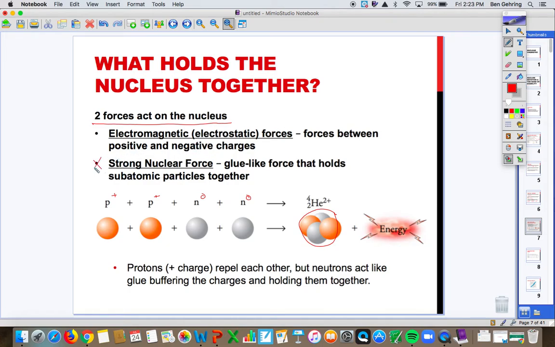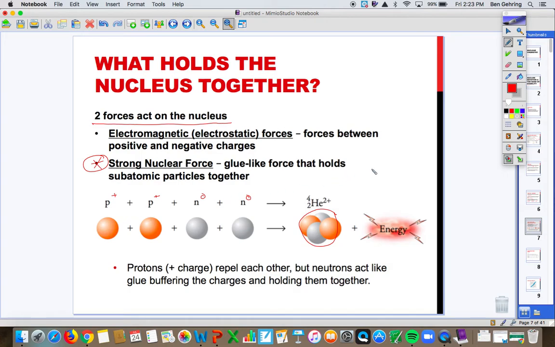This is the force exerted by neutrons that holds this whole shebang together. There's a whole bunch of energy that goes into holding all of this together. So this is one force, your strong nuclear force. The other one is your electromagnetic or electrostatic force. These are forces between positive and negative charges.